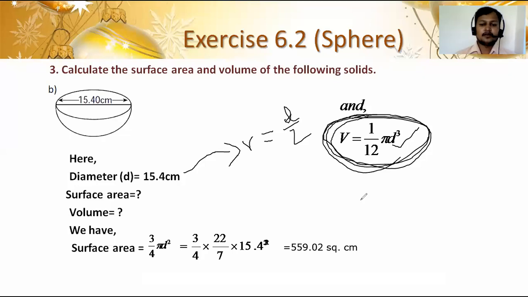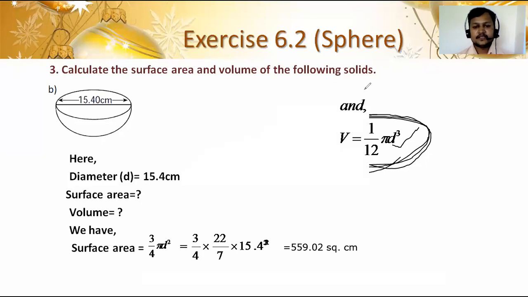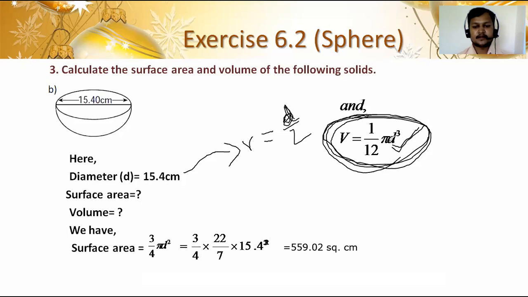Yes, sir. While discussing the formulas, we discussed the formulas related to radius and diameter for each and every case. That is in the case of cylinder as well as in the case of spheres also. So if you don't want to read and remember all those formulas related to diameter as well as radius, you can read and remember one type of formula, either the type related to diameter or radius.